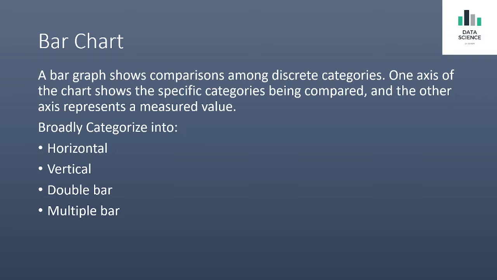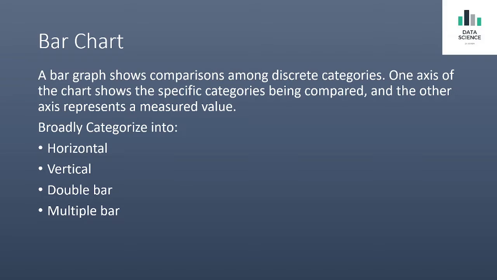Apart from this, we have discrete categories such as loan prediction, whether a loan should be approved or not. Then a third, usual example of discrete categories is marital status. It can be single, it can be married, it can be other. These are the discrete categories.